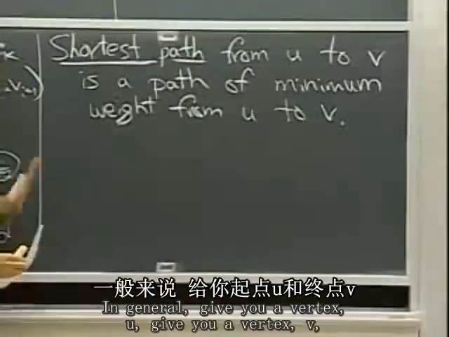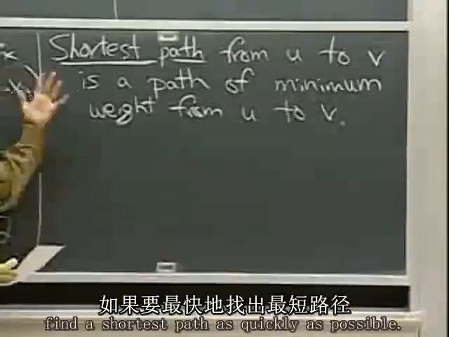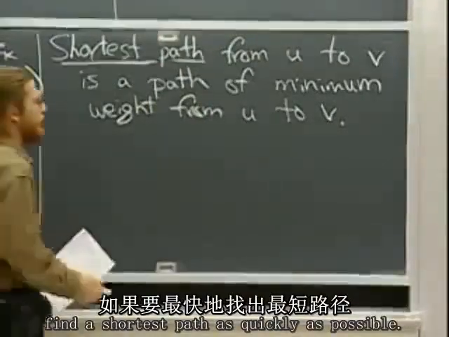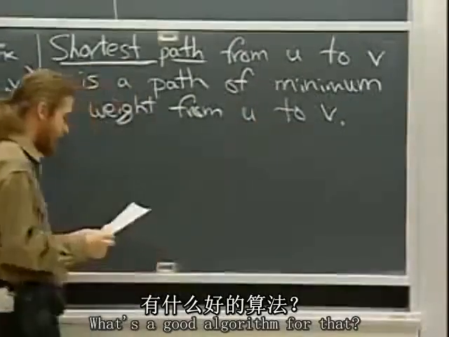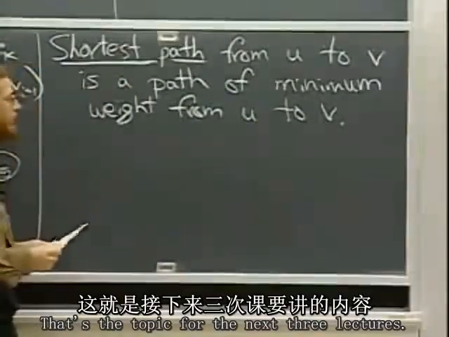In general, give you a vertex U, give you a vertex V, find a shortest path as quickly as possible. What's a good algorithm for that? That's the topic for the next 3 lectures.